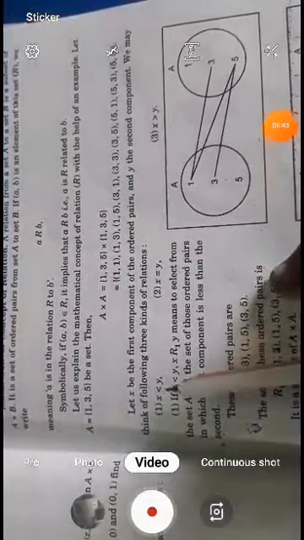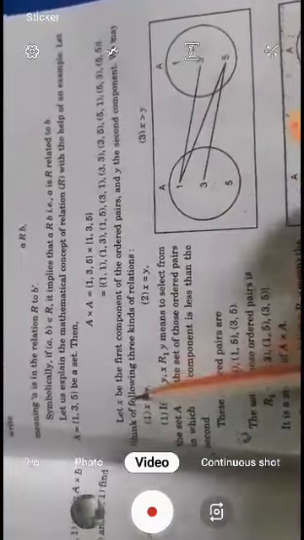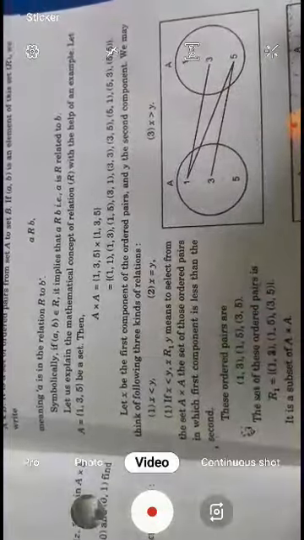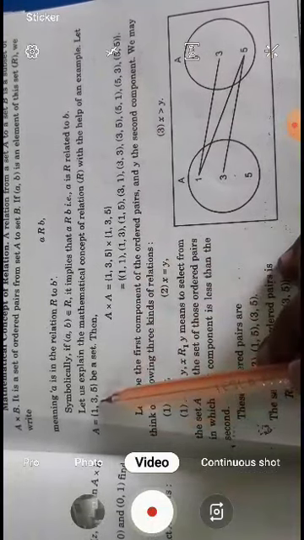Now, I am giving an example. Let x be the first component and y the second component, where x is lesser than y. We take the relation on A = {1, 3, 5}.